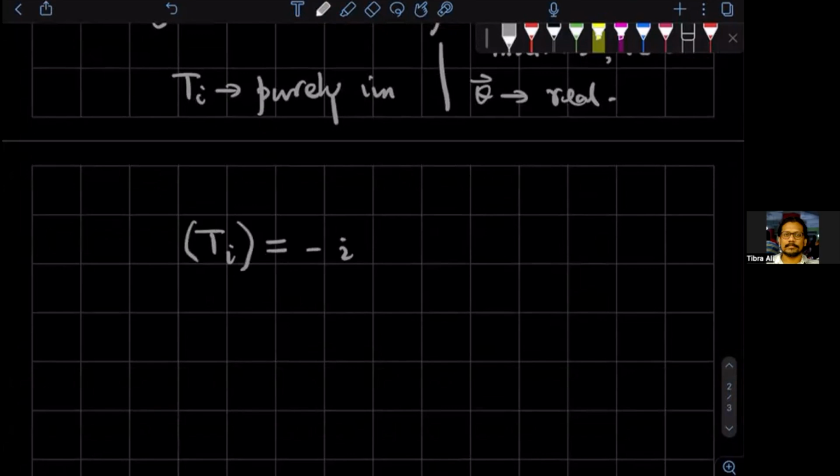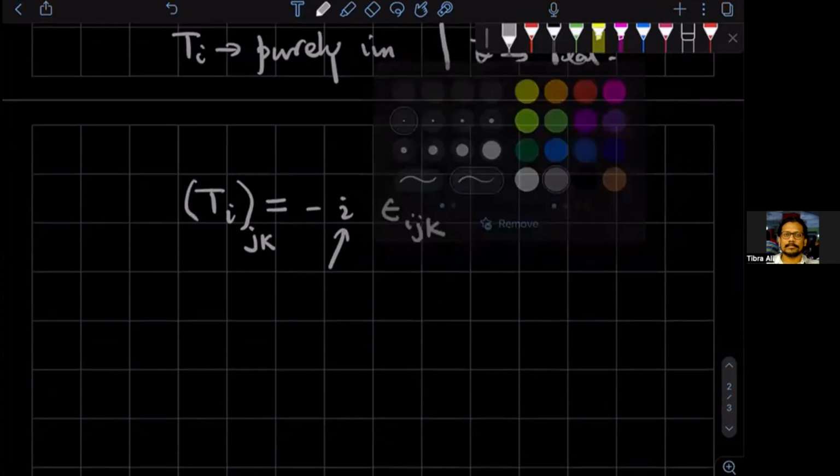It's a 3x3 matrix, so it has matrix elements jk, and Ti can be expressed as i, the imaginary unit, not the index, times epsilon ijk.